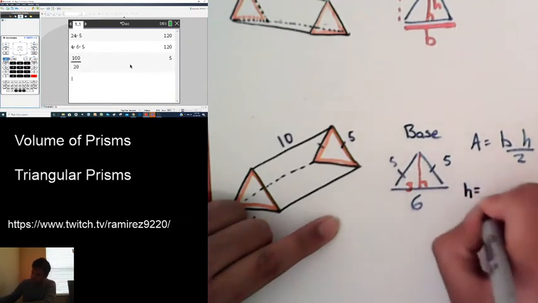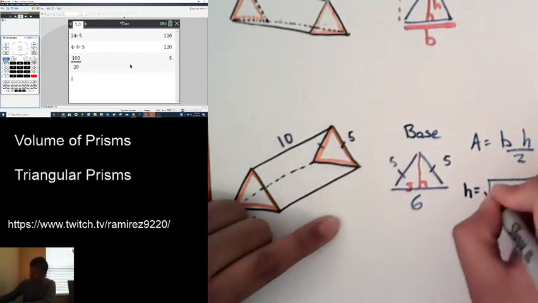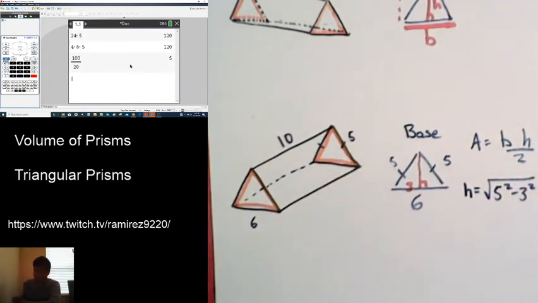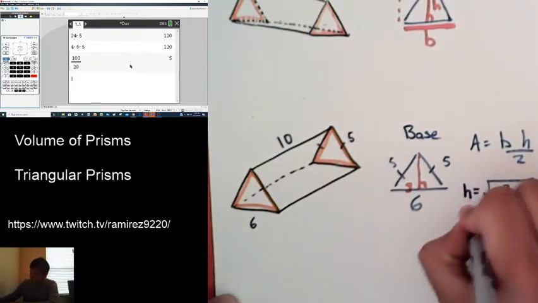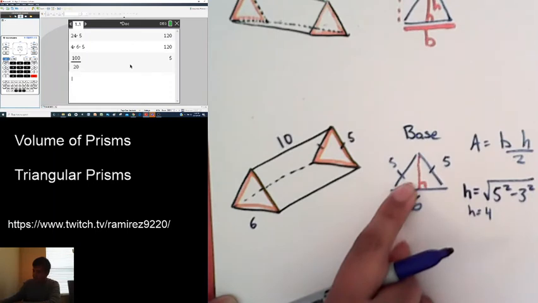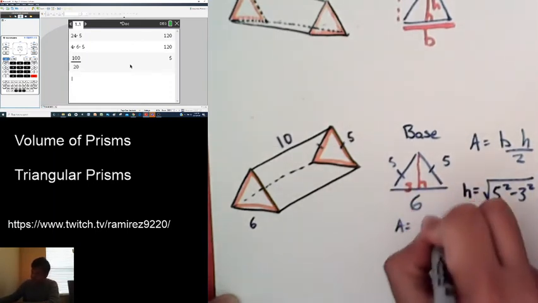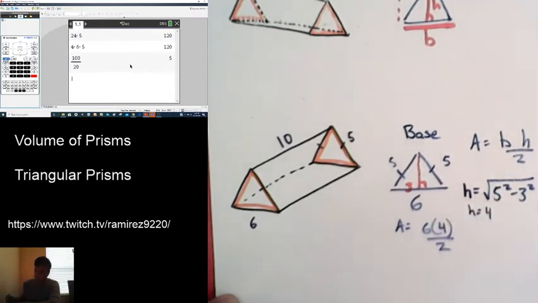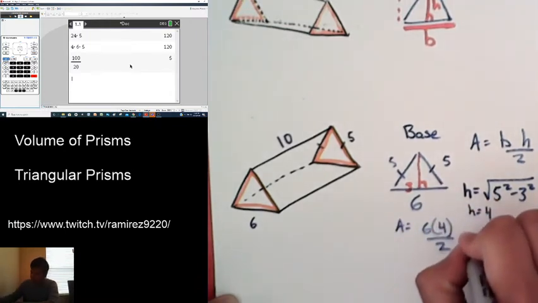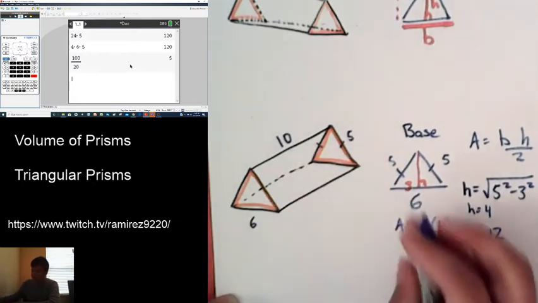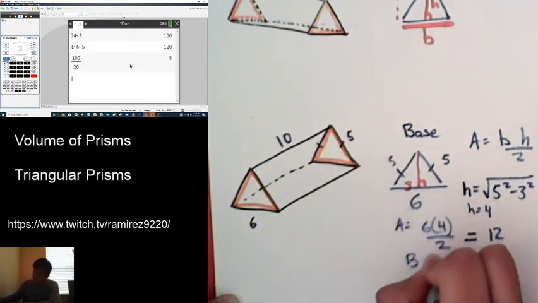So the height is the square root of 5 squared minus 3 squared, and I know that I'm going to get 4 in this case. So the height of the triangle here is 4. So the area of the triangle is going to be 6 times 4 divided by 2. That's 24 divided by 2, that's 12. The area of the base is 12, so I can say that big B is 12.